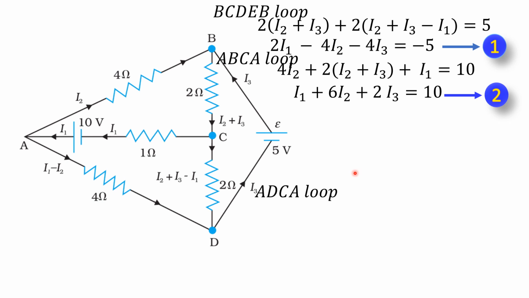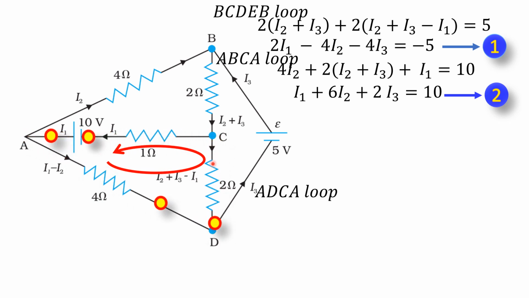Next, we consider this ADCA loop. So here, this is the loop direction and this is the current direction. For this and this resistor, both loop and current directions are same.